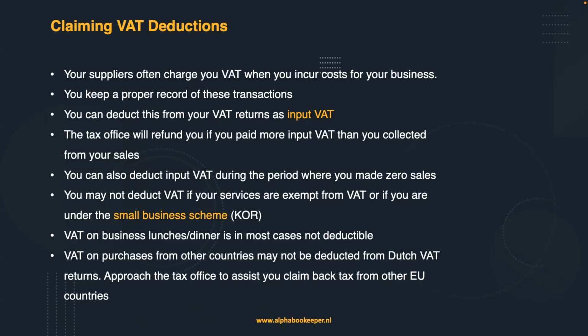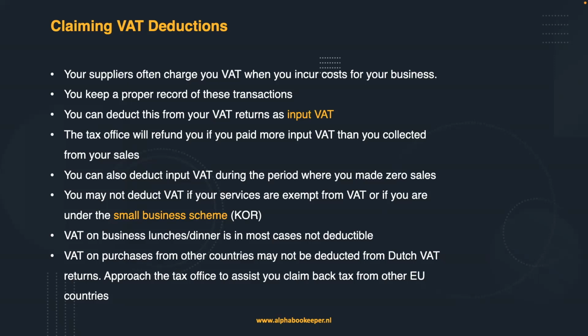It's important to know that VAT on business lunches and dinner is in most cases not deductible. And VAT on purchases from other countries may not be deducted from the Dutch VAT returns. If you paid VAT from purchases you made in the UK or France or Belgium, you cannot collect it from the Dutch tax authority.